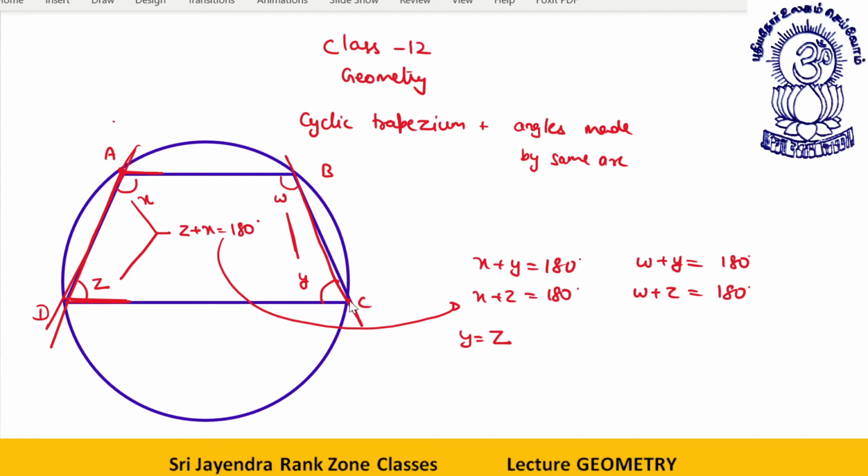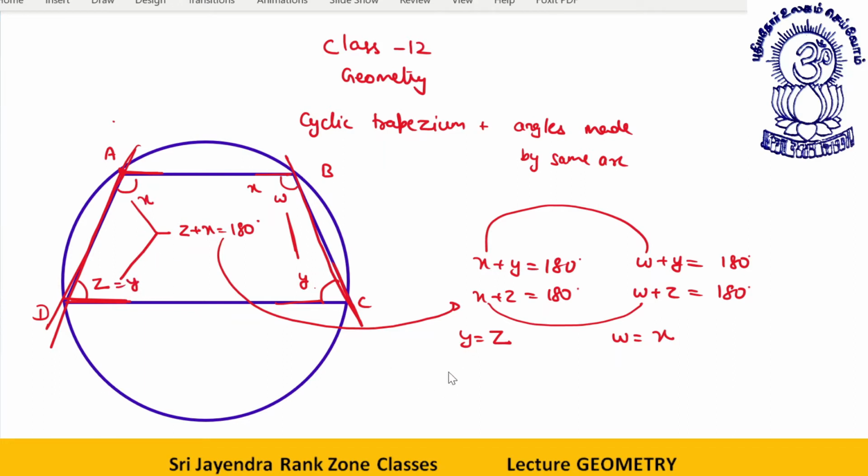This is a transversal between two parallel lines. W and Y are the angles on the same side of the transversal. So W plus Y is equal to 180 degrees. And W and Z are opposite angles of a cyclic quadrilateral. So W shows the same properties as X. So you get W is equal to X. So finally, this is X and this Z is Y.